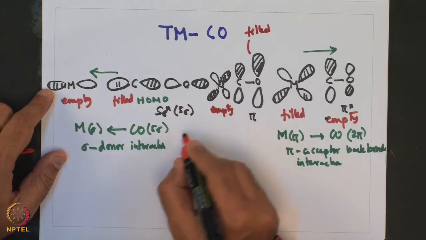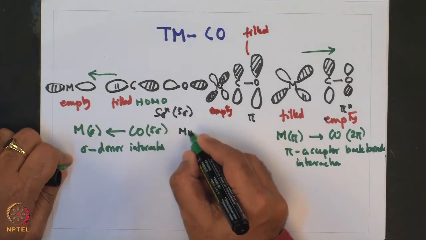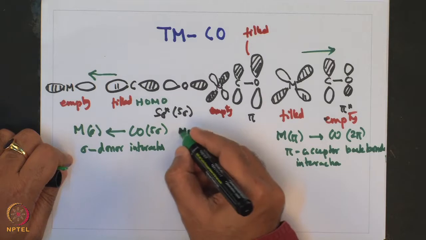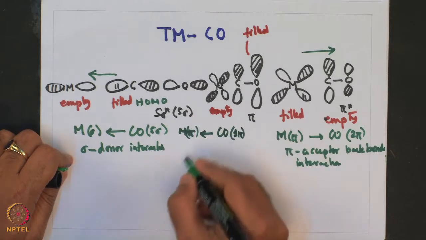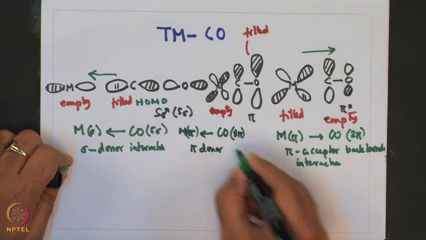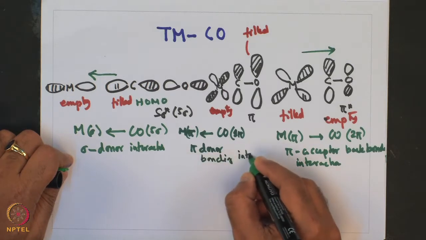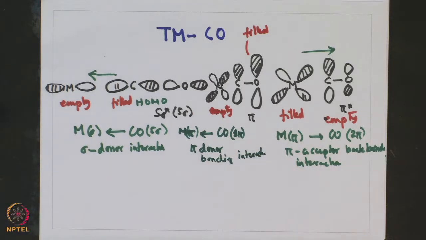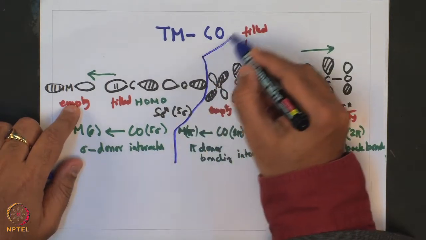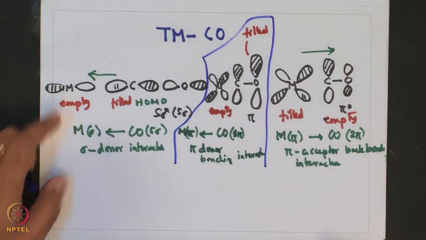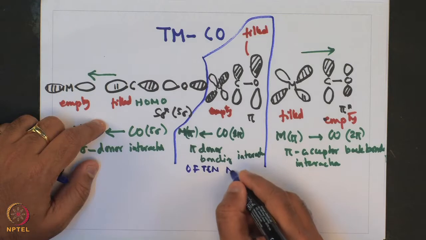This is called CO pi to metal pi donor bonding interaction. But this pi donor bonding interaction, which is depicted over here, is often neglected.